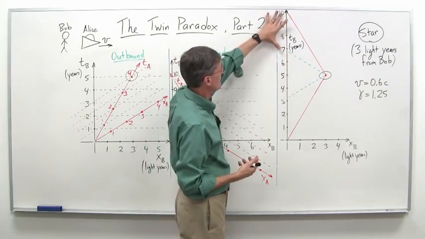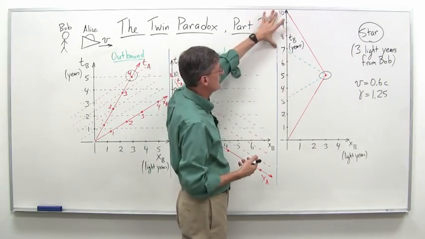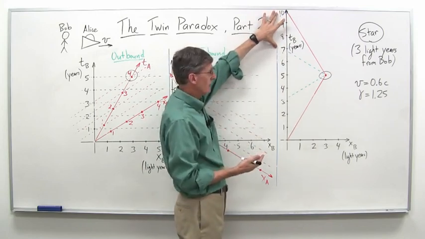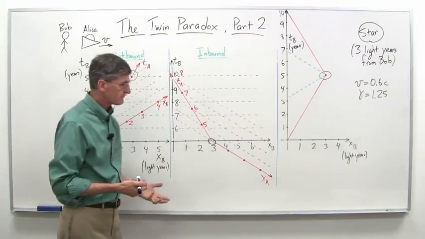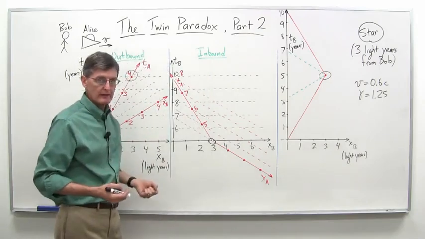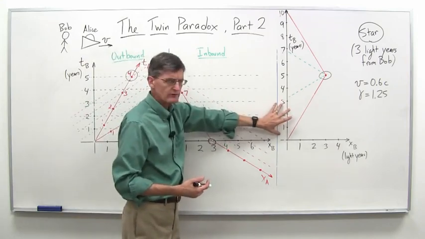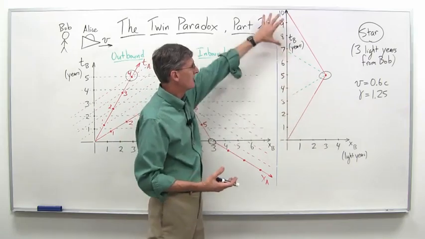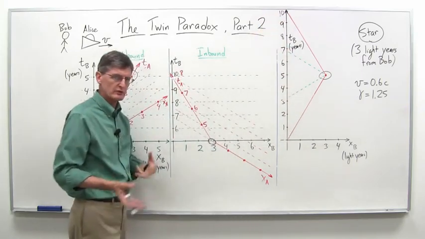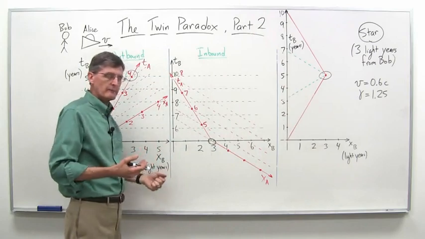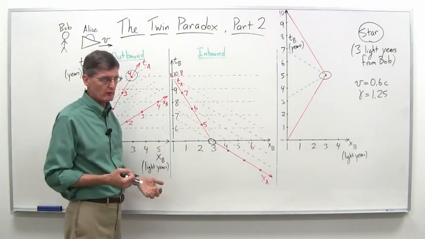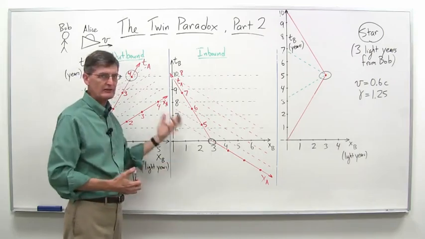And then on the inbound trip, she sees from 6.8 to 10 is another 3.2 years, while her clocks read 4 years on each leg. So she observes Bob's clocks running slow: 3.2 plus another 3.2 is 6.4. So when she gets back, she would say, Bob, I thought you'd have aged 6.4 years while I aged 8 years.